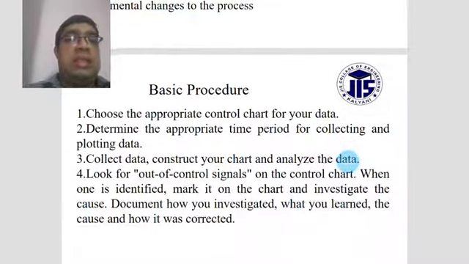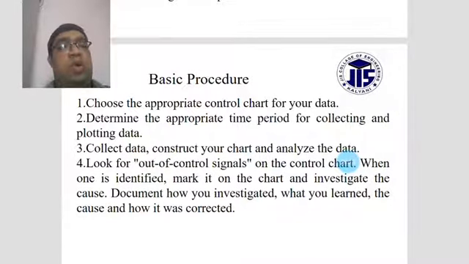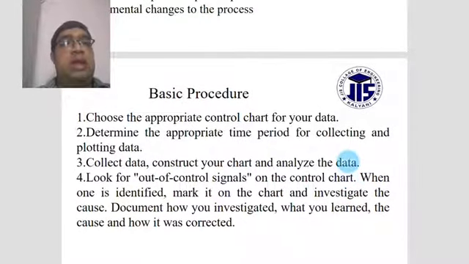Next, look for out-of-control signals on the control charts.